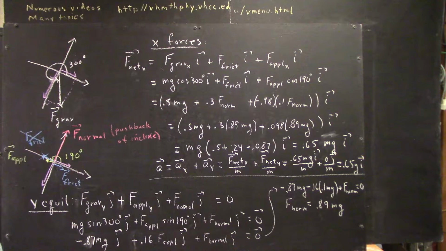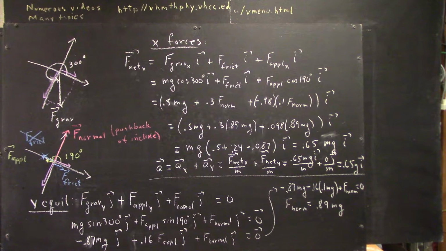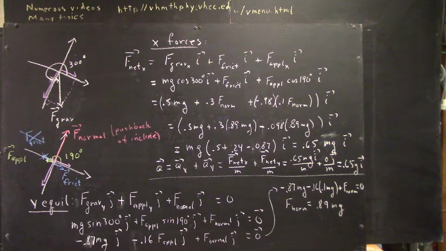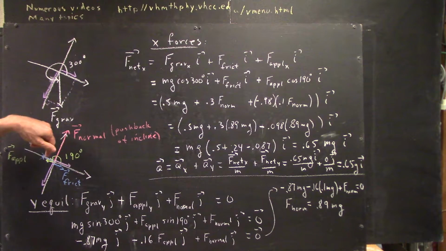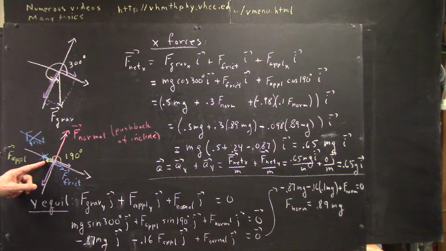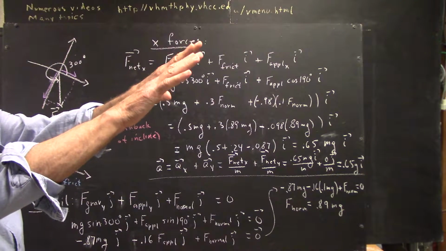And then, as always, we have a normal force. The normal force is just the reaction of the plane to all the forces that are pushing into it. Now, the forces that are pushing into it are this component of the weight. This component of the weight doesn't, but this component does. And the component of this applied force that's actually pushing into the incline, because the incline's up at 30 degrees.